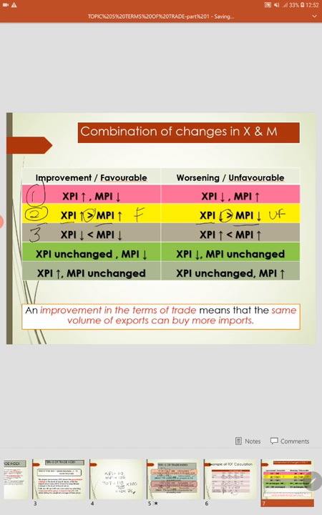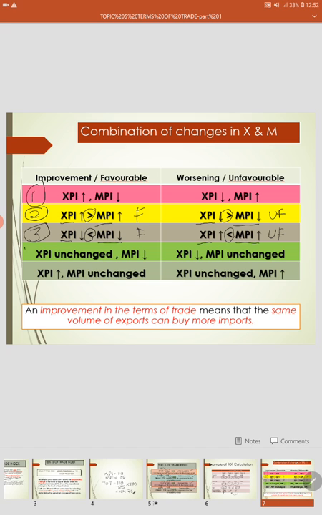On the third condition, both XPI and MPI fall, but XPI falls lower compared to MPI, then it will be a favorable movement. And when both increase but XPI increases lesser than MPI, then the result is unfavorable.